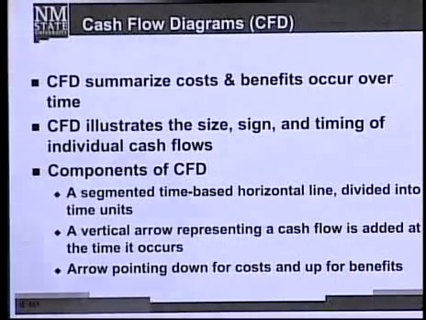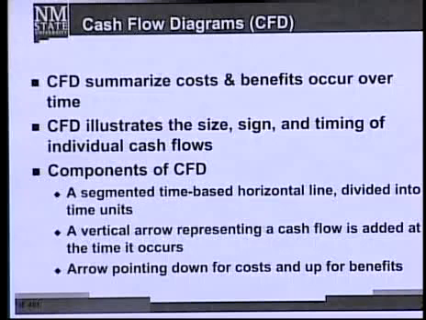Okay, the CFD, the cash flow diagram, is a picture of how much money is spent or received over time. So it summarizes an engineering project's economic aspects, and it is used to model the positive and negative cash flow of potential investment opportunities.